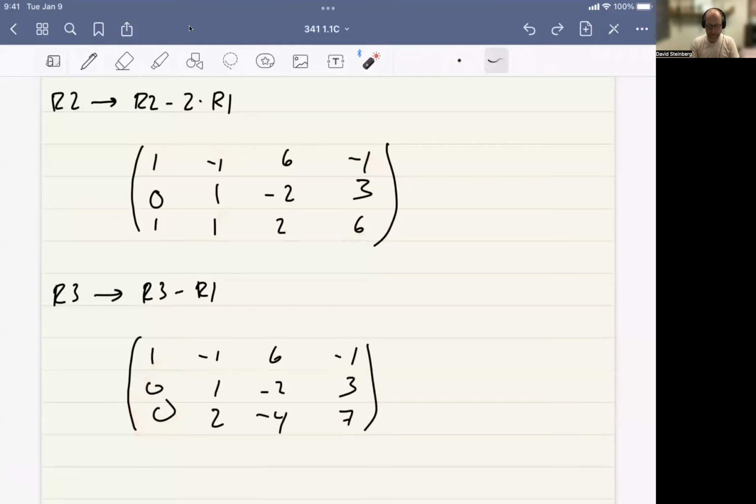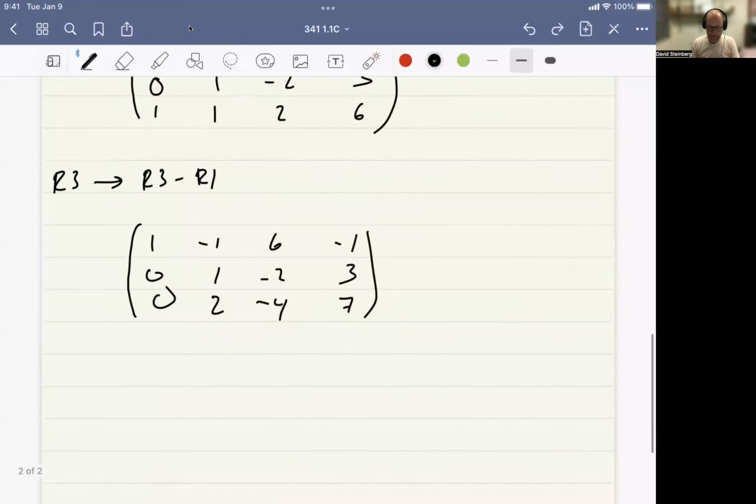Now we should choose a new candidate for our x2 and use that to eliminate everything else in the column. So let's take this 1 in our second row, second column, and use it to eliminate the -1 and the 2 there. And if we're getting tired, maybe we can do 2 row operations in one step.